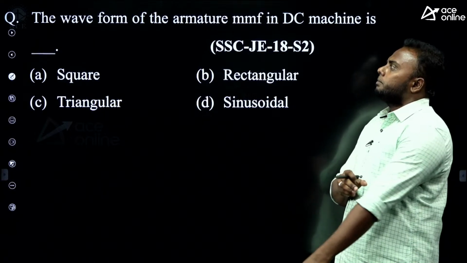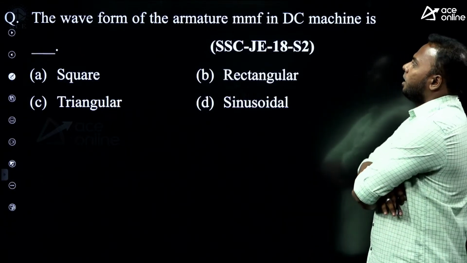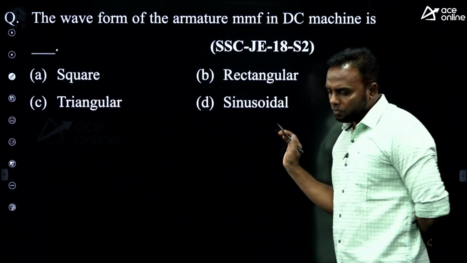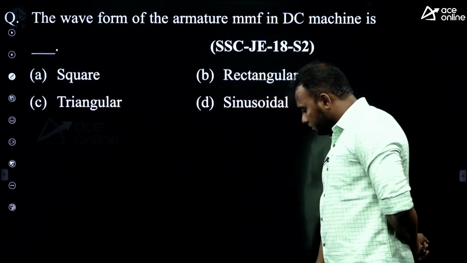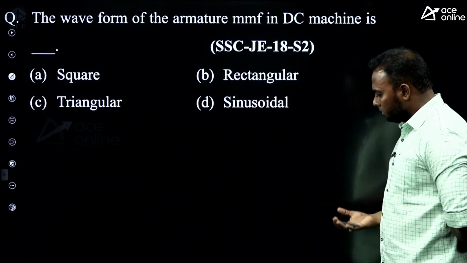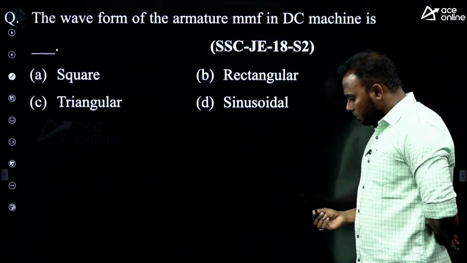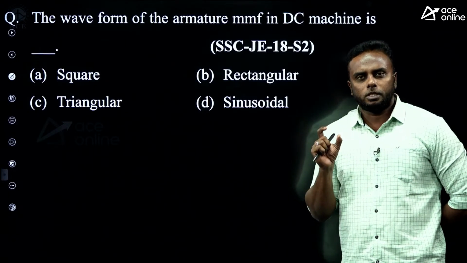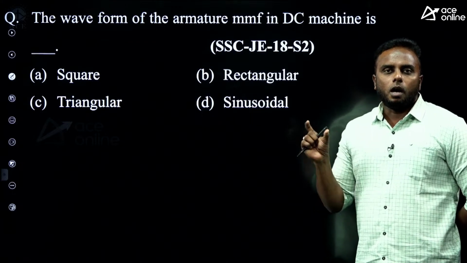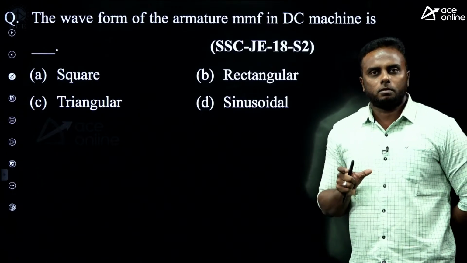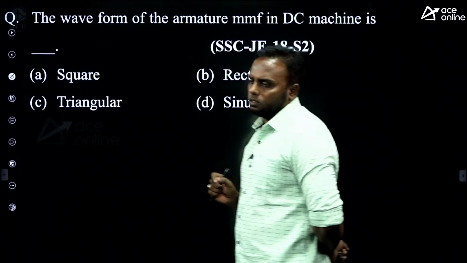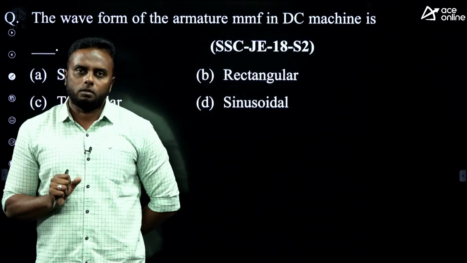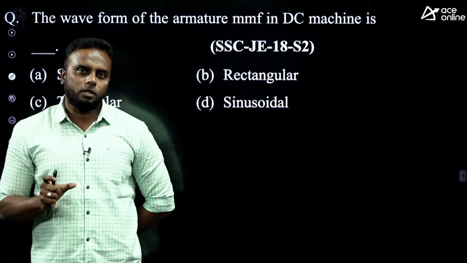Try to answer this. The waveform of armature MMF in a DC machine is dash. Armature MMF waveform. So we have some shapes here: armature MMF, armature flux and main flux, and the resultant flux. Mainly the armature MMF shape and main flux shape are important. What is the shape of main flux in a DC machine?